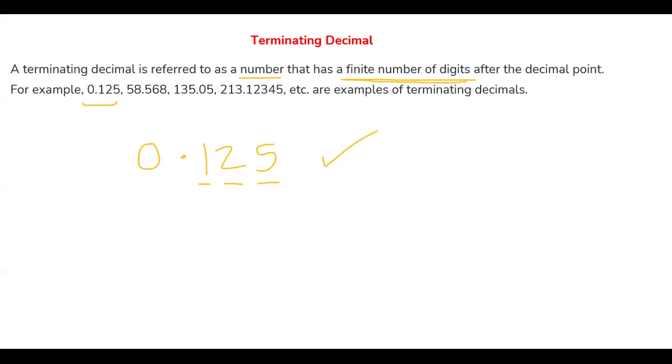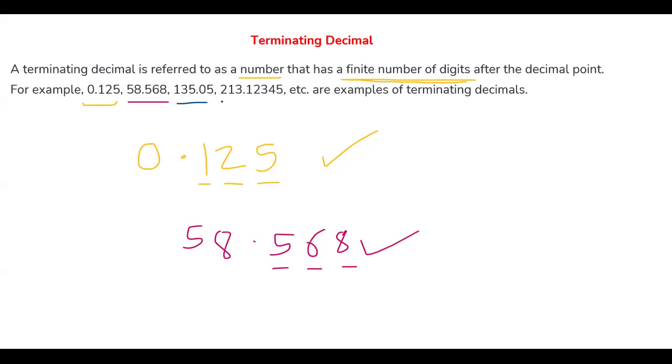Let's look at another example. 58.568. Here we can see after the decimal we have 3 digits 5, 6 and 8. That is, there are a finite number of digits after the decimal point. So this is a terminating decimal number. Other examples: 135.05, where we have 2 digits after the decimal.